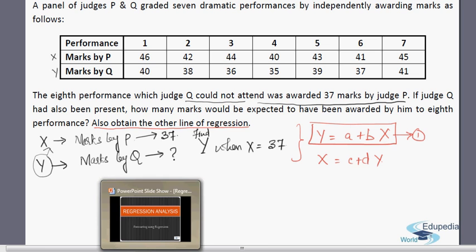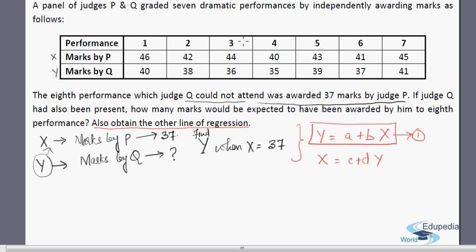So what will be the regression equation? Our first regression equation will be y equals A, which was 5.75, plus B, which was 0.75, times x. This is your regression equation, and now I need to find the value of y when the value of x is 37.